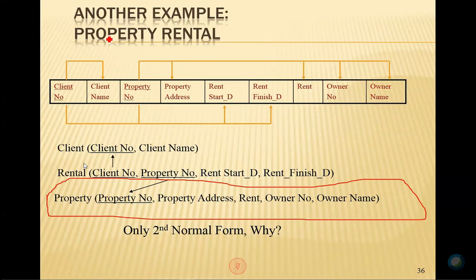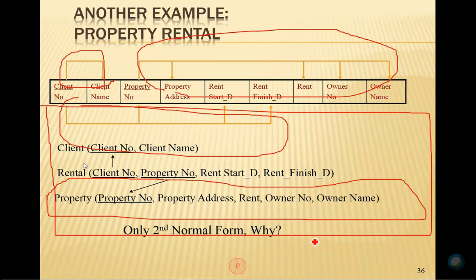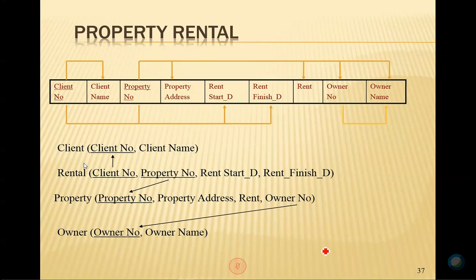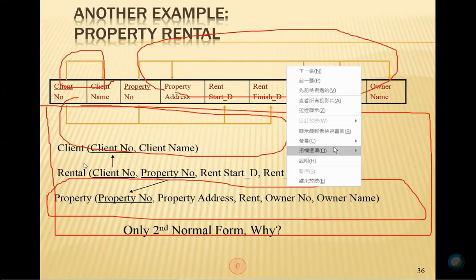Again, I want you to draw the functional dependencies. This is the partial dependency, full dependency, partial dependencies, and then convert that into a relational model. Then you tell me if there's anything else, like transitive dependency.